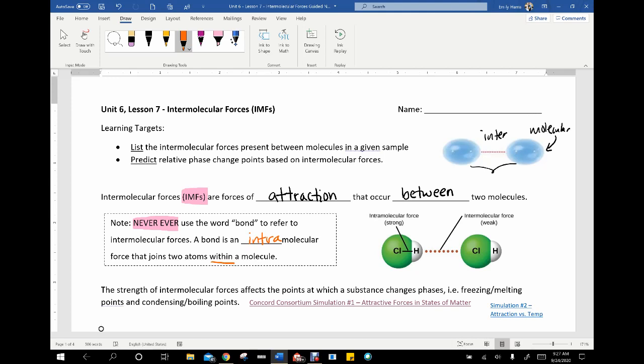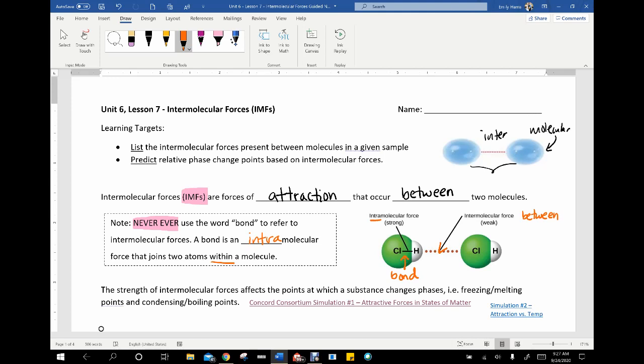The prefix intra means within a molecule. So an intramolecular force, which is very strong and hard to break, is a bond. An intermolecular force comes between separate molecules, and that is a weaker force than a bond within one molecule.